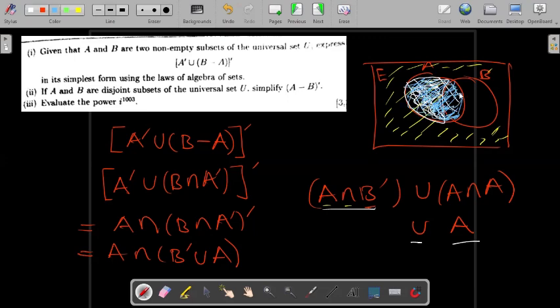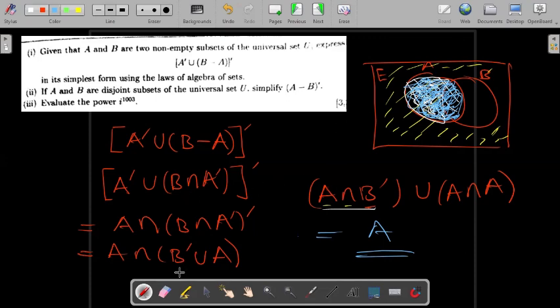This blue set. What is this blue set? This blue set is just the set A. So meaning what we have here is just going to simplify to the set A. So I have that this is going to be equal to the set A like that.